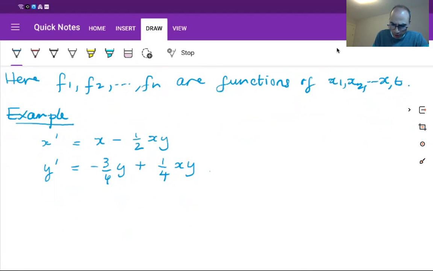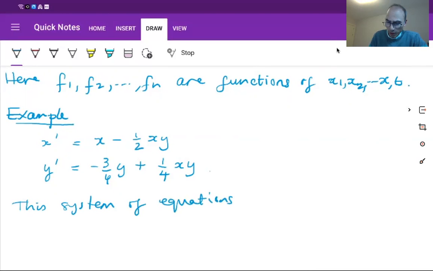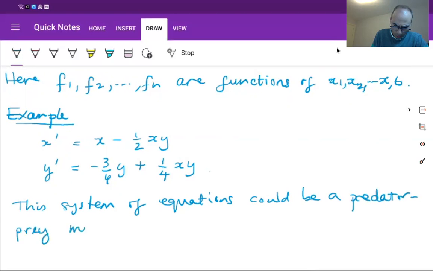This system of equations could be a predator-prey model, for example.